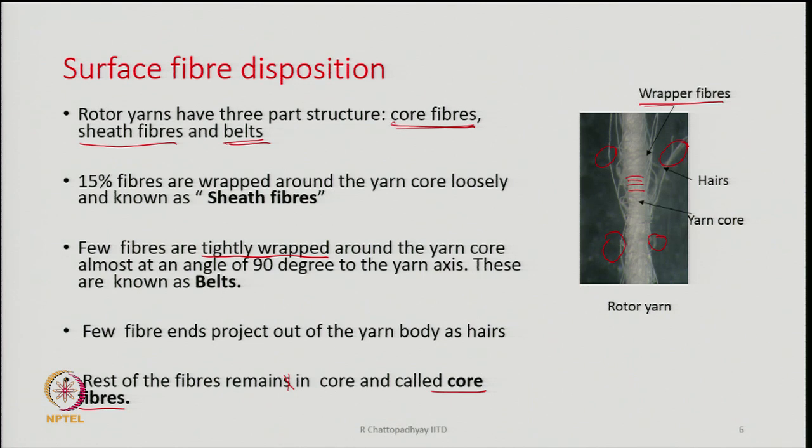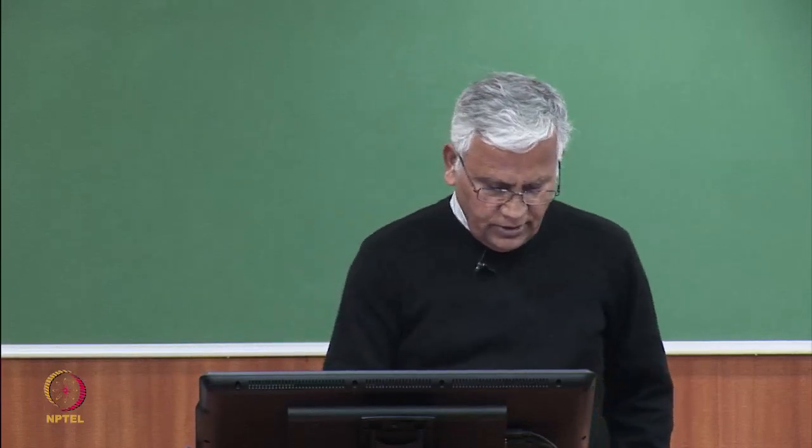Majority of the fibers form basically the core. Then you have sheath fibers, which is typically around 15%, and there are some fibers which we call belts, which could be hardly 1 to 2%. So, this is how the fibers can be classified within the yarn.